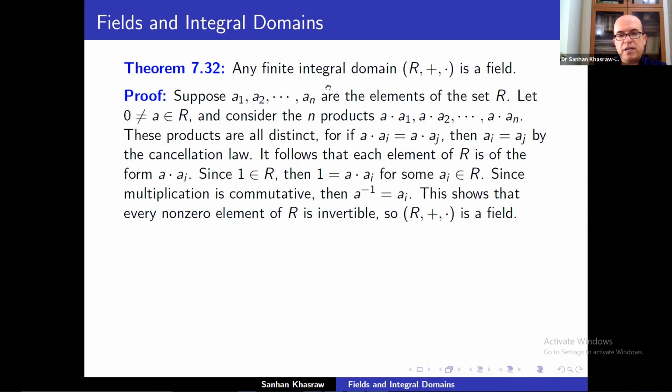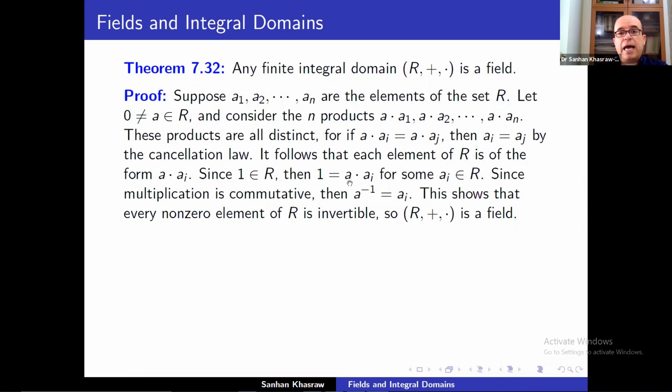Since our ring has identity elements, one of these products should be 1. So I call it A times A_i. As I said, 1 should be among these products. Then A times A_i is equal to 1, and our ring is commutative with multiplication, so A_i times A is also 1.